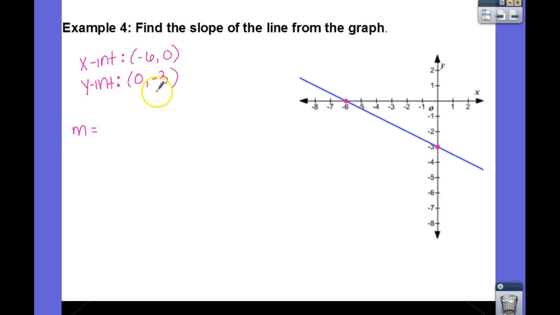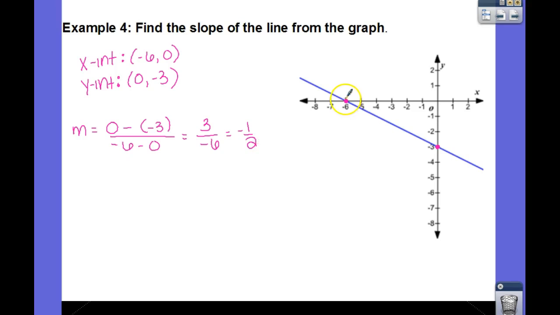So y2 minus y1 over x2 minus x1. So you get +3 over -6 for a slope of -1/2.